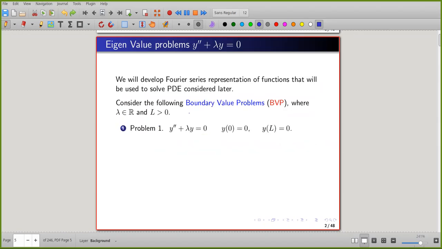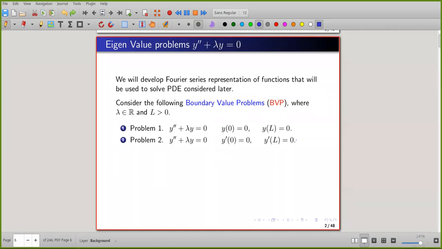So the first problem is we have to solve the equation y double prime plus lambda y equal to 0, and we need that y is 0 at 0 and also at L. So y has to be a function from 0 to L to the real numbers. The second problem is also similar.